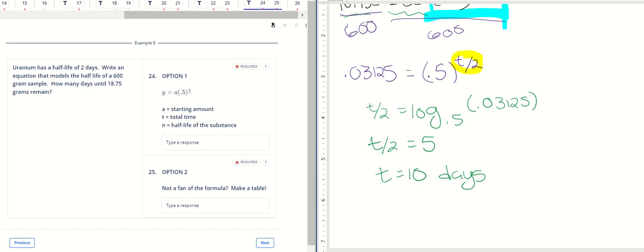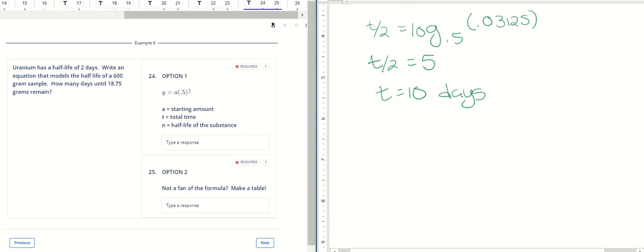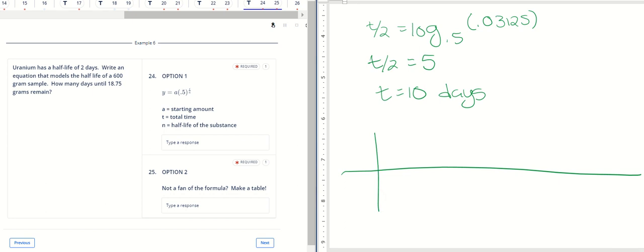Now, you can still use the chart for this, so let's do it. We want to know how long it's going to take. So remember, at the beginning, we have days, and at the bottom, we have the grams of uranium. So 600 grams of uranium at 0 days. We know every 2 days it cuts in half.